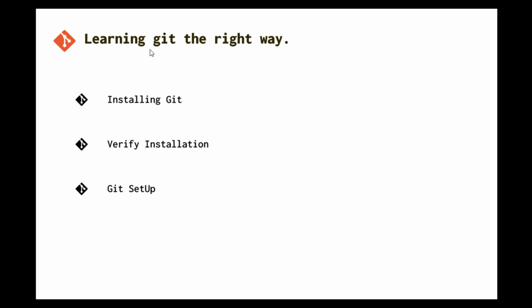So what we're going to do is download it on our machine, install it, verify the installation, and set it up in order for us to do what we spoke about in the previous video, which is create files, edit those files, add things to those files, and commit, rather save those files.